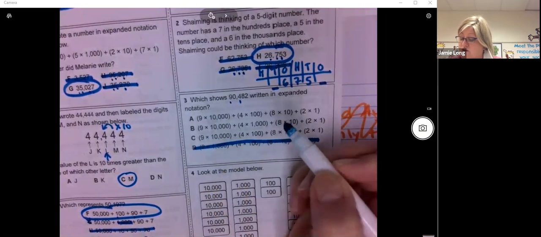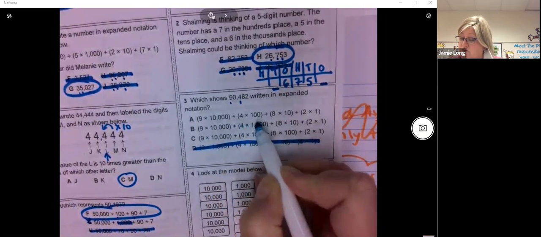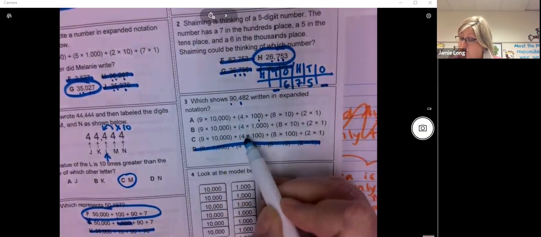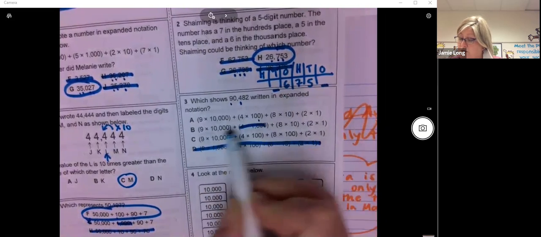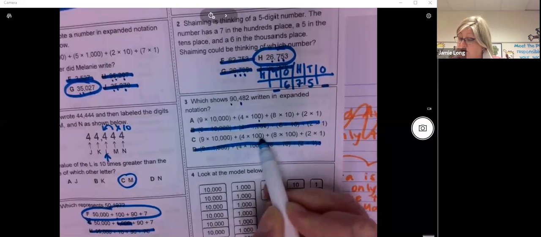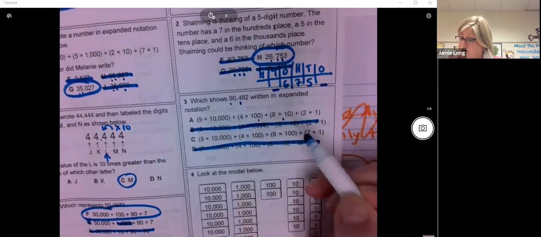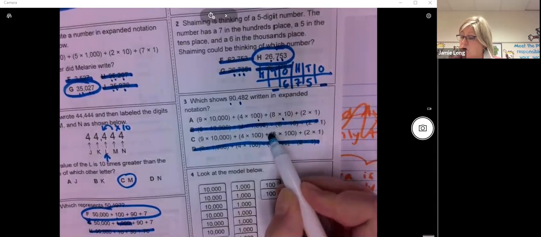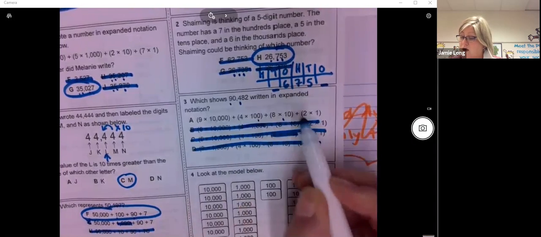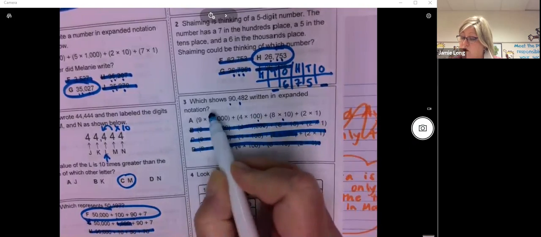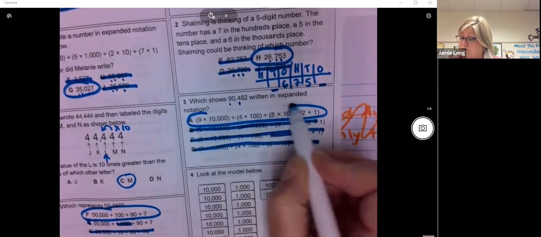That's a 4 in the hundreds place. So 4 groups of 100, sure. 4 groups of 1,000, nope, can't do it. 4 times 100, sure. 8 times 10, sure. 8 times 100, nope. And then lastly, 2 times 1. So A is our best answer.